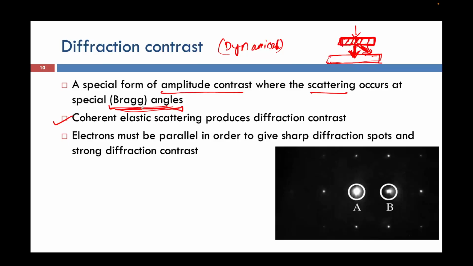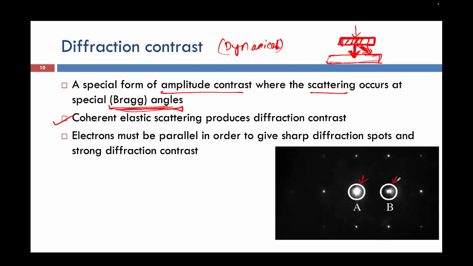Okay, and since I am talking about diffraction, the electron beam or the electrons must be parallel in order to give a sharp diffraction spot. Once I get the sharp diffraction spot, like I have got in this image, or at this spot, then I will be getting a strong diffraction contrast.